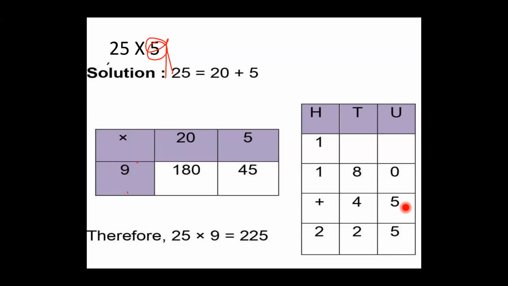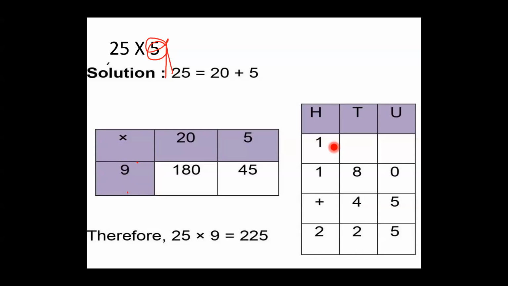5, correct. So next, look at the tens place, 8 plus 4. Correct, very good. Now 8 plus 4 is 12. So we are going to write 2 in the tens place and carry 1 to the hundreds place.